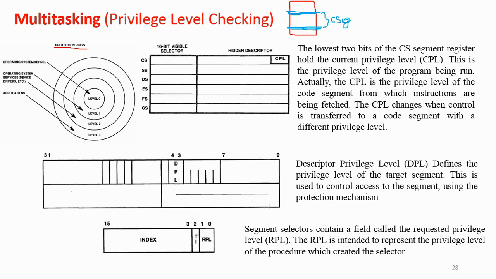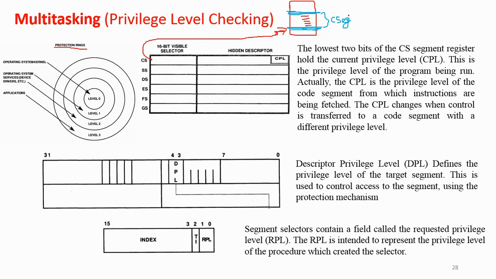Now here, whenever the code runs in a code segment, we know that the code segment holds the code, and the CS register holds the base address of the code segment.